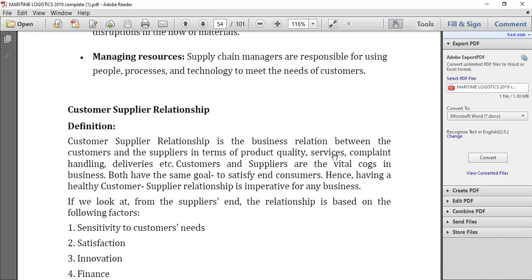Both have the same goal to satisfy the end consumers. Hence, having a healthy customer-supplier relationship is imperative for any business.